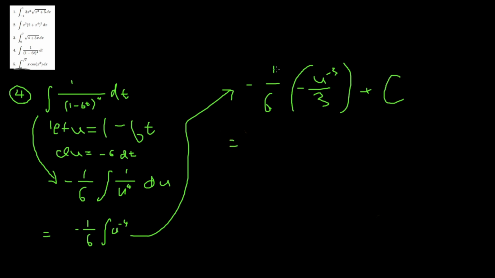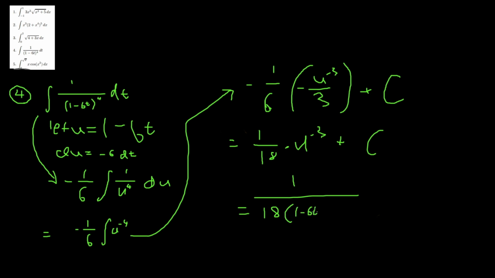If we multiply this out, we just get 1 over 18 times u to the negative 3 plus c. And then if we substitute back in 1 minus 6t for u, we just get 1 over 18 times the quantity 1 minus 6t cubed plus c. And this is our antiderivative.